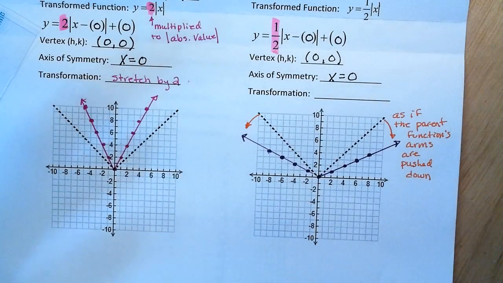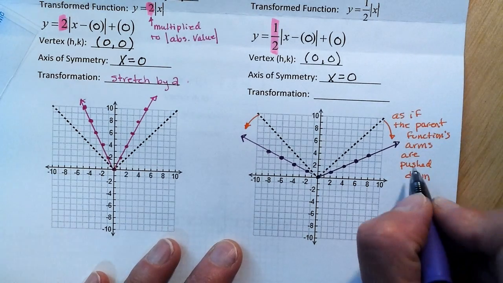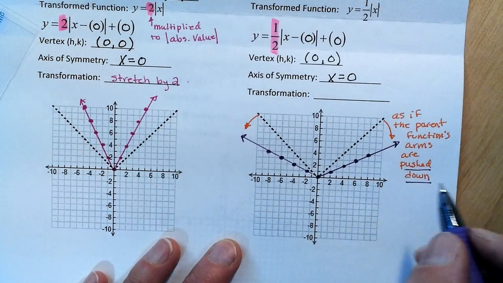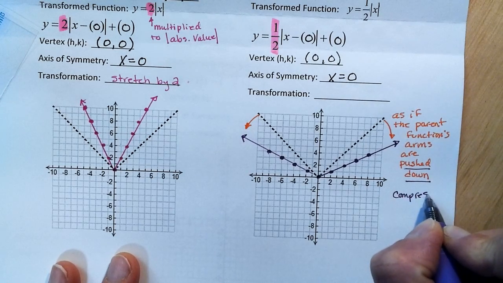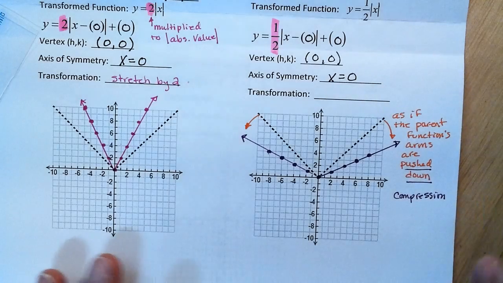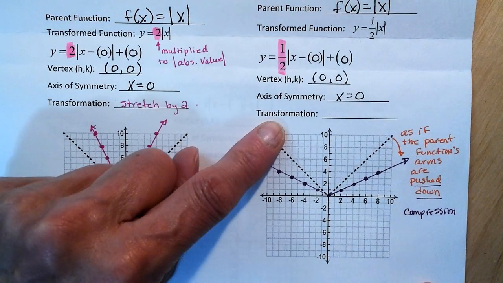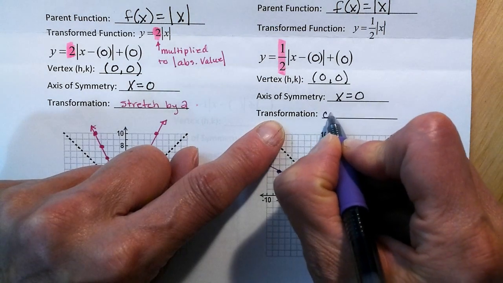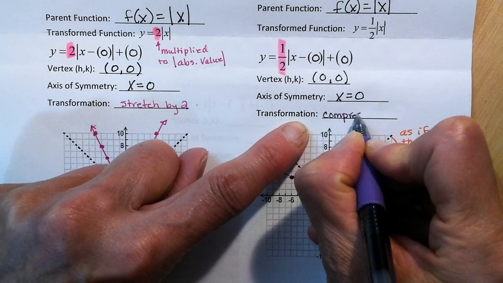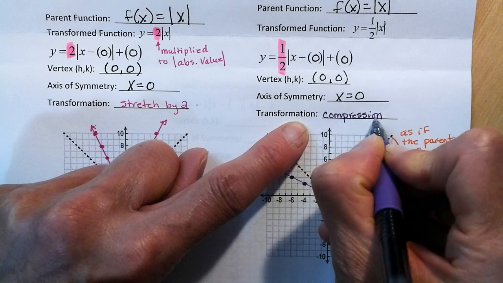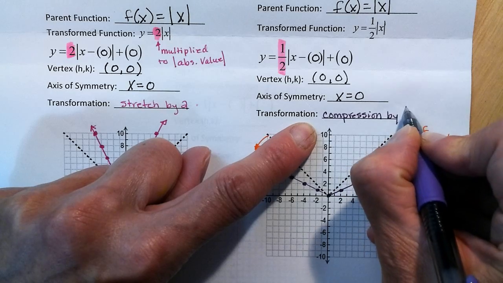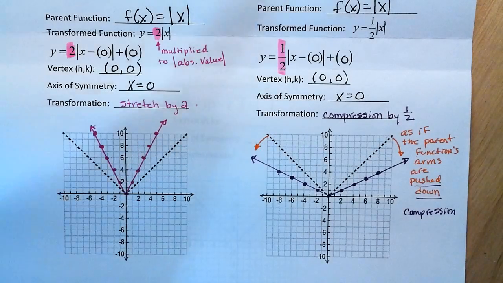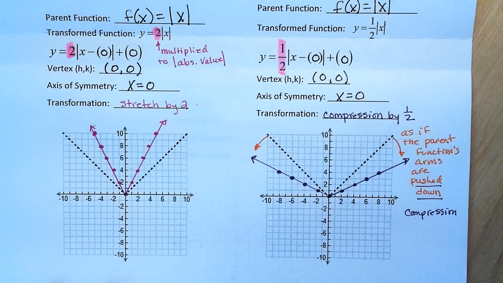And anytime you have a push down, another word for being pushed down or squashed is a compression. Okay? So that means our transformation is a compression. And what caused that? By multiplying it by 1/2. So this was a compression by 1/2.